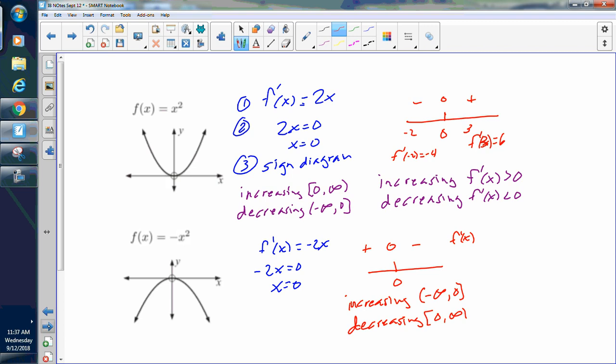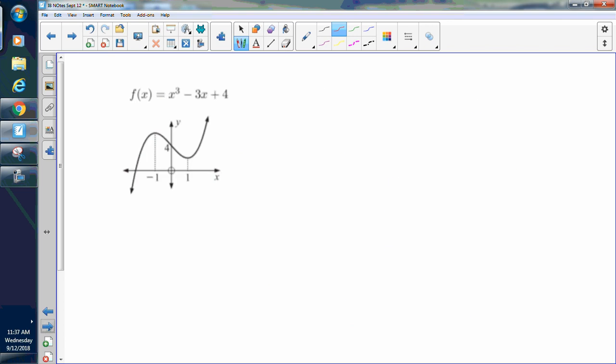Now, sometimes we will have more than one interval. In this graph of this cubic, we can see that at -1 and +1, those are places where it appears that we change from increasing to decreasing. So let's go through our steps here to verify that. Our first derivative is 3x squared minus 3.